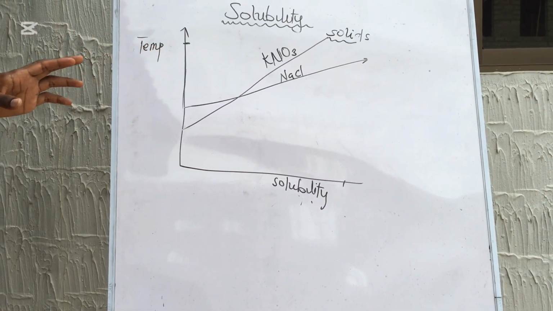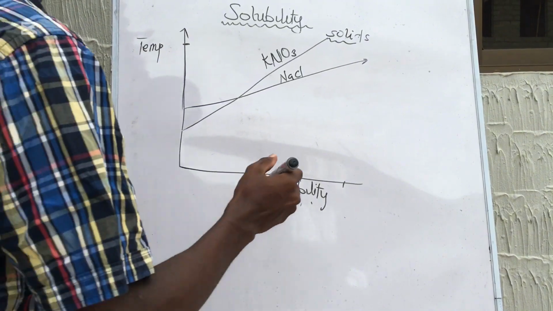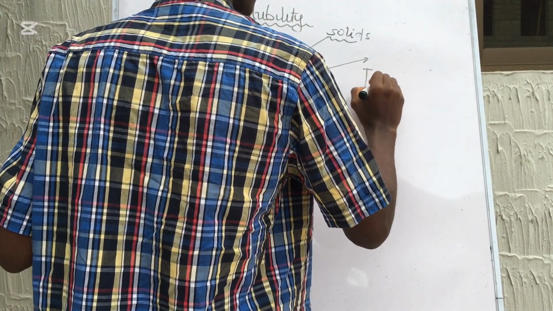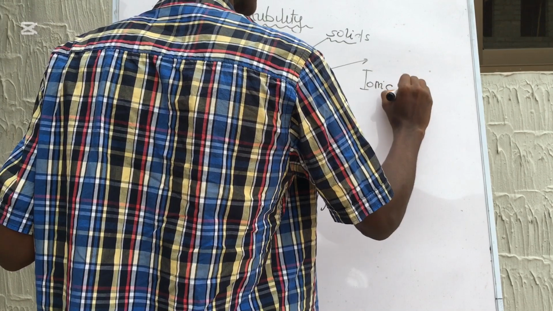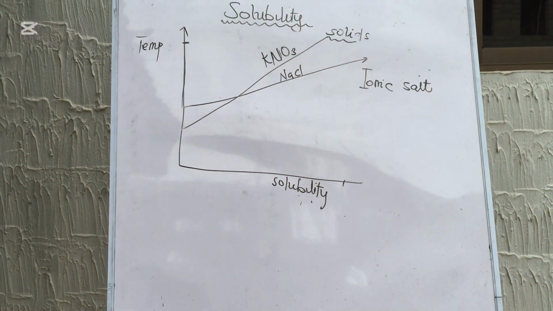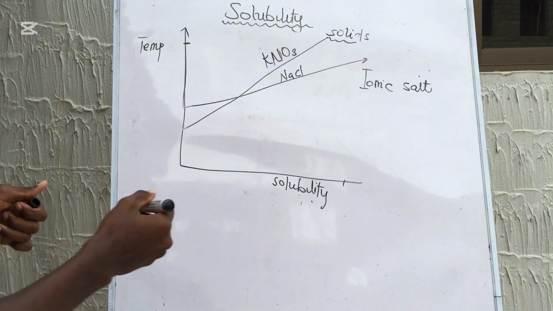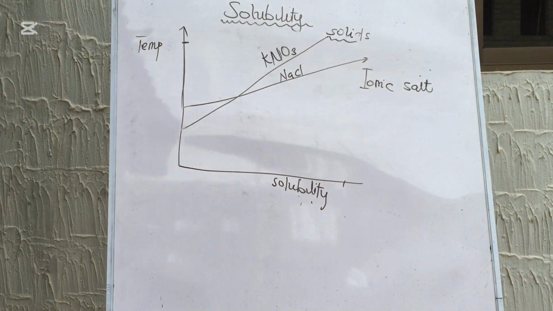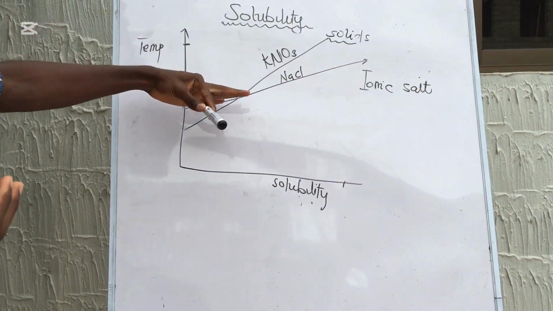Remember that NaCl is actually an ionic salt, of course. Because of its lattice structure, you are going to realize that the hydration energy is the same as the energy that is required to break the bonds.